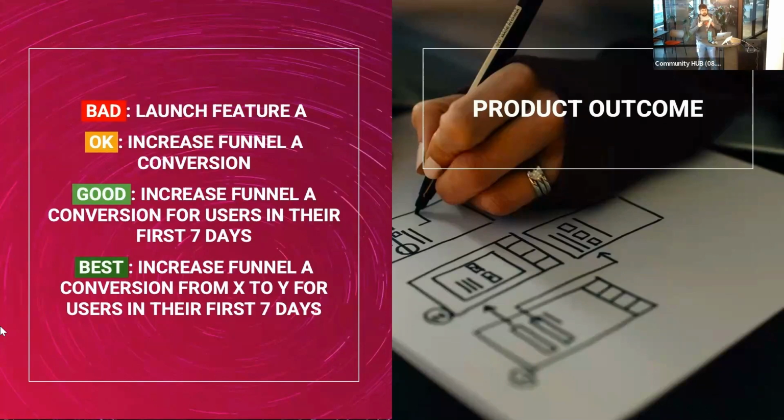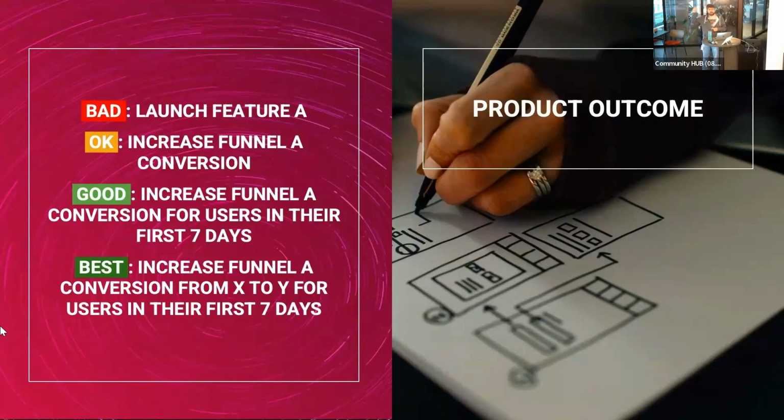So this is laser focused on a certain type of user, and I can have a better discovery. And the best is you add, okay, I want to increase from X to Y. So it's clear what level of increase you want, because you have a very different thought process if you want to increase something by 1% or 100%.